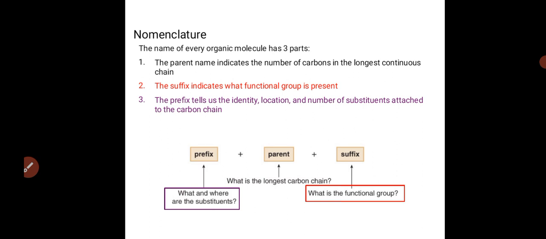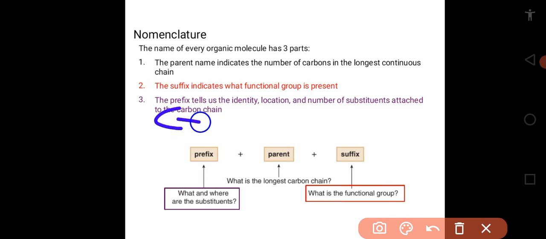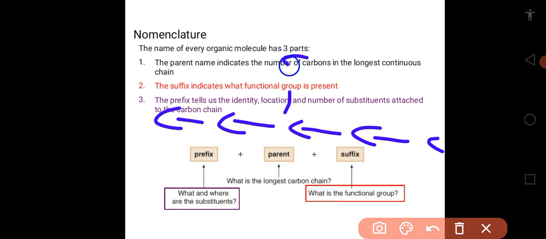And the prefix depends on the number of substituents. If we have something like this, this is our substituent, that is a branching.